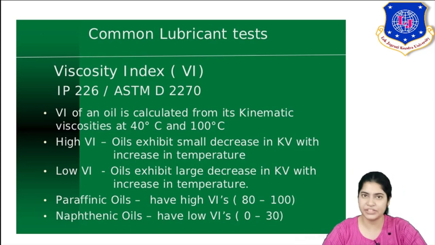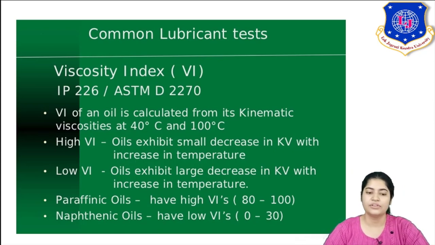The common lubrication test is ASTM D2270. The viscosity index of an oil is calculated from its kinematic viscosities at 40 degrees Celsius and 100 degrees Celsius. So we have two parameters, one from the test at 40 degrees Celsius and one at 100 degrees Celsius.